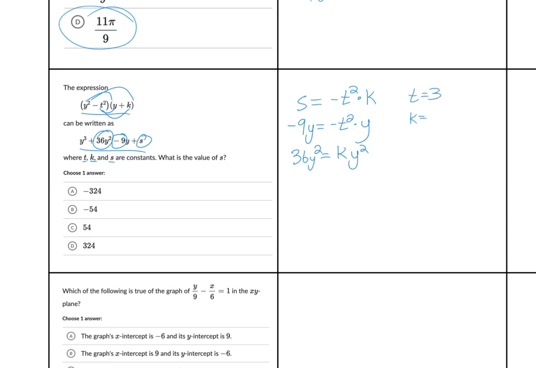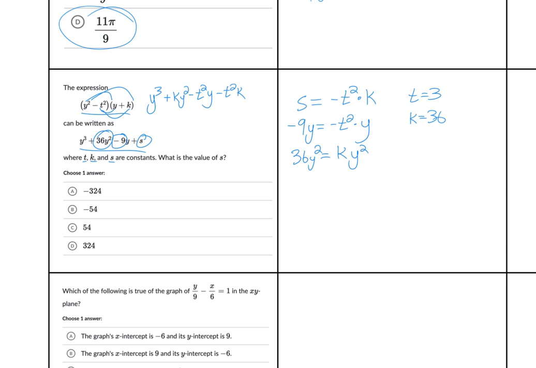and k is 36. So the idea is we could just FOIL this and go, oh, that's y cubed plus ky squared minus t squared y minus t squared k.